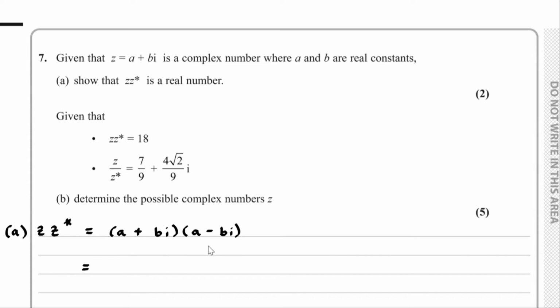And if we were to expand this out, a times by a is a squared, and then I've got a times by negative bi, so that's negative abi, and then I've got bi times by a, so that's positive abi, and then I've got bi times by minus bi, which is minus b squared i squared.